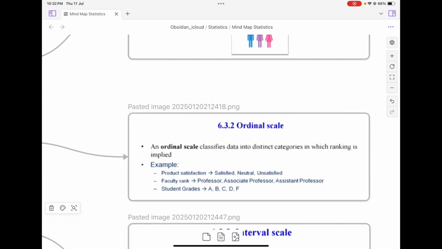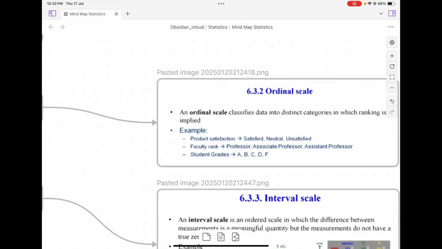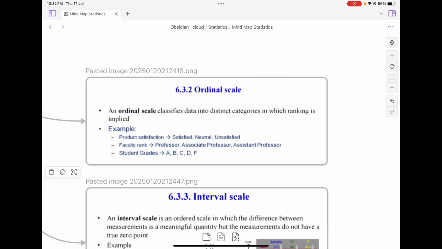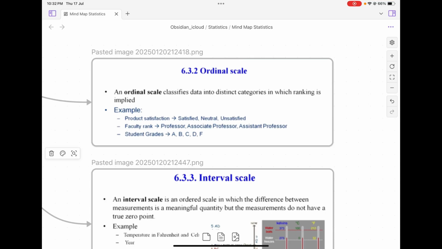What do we mean by ordinal data? Ordinal data classifies data into distinct categories in which you can apply some kind of ranking. For example, you are asked to enter the product satisfaction level, which is something we normally do.